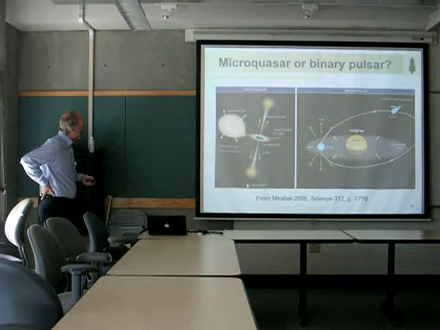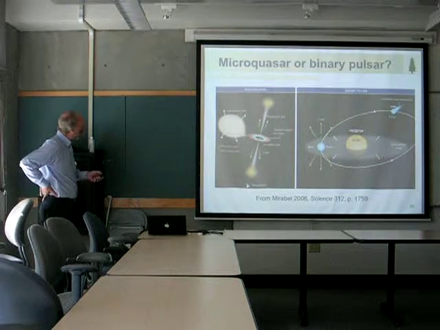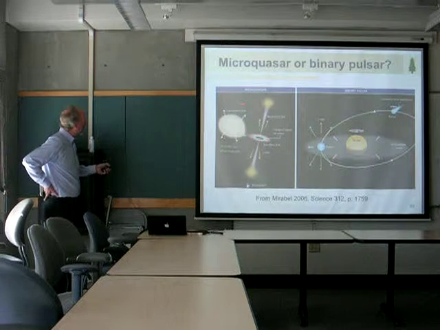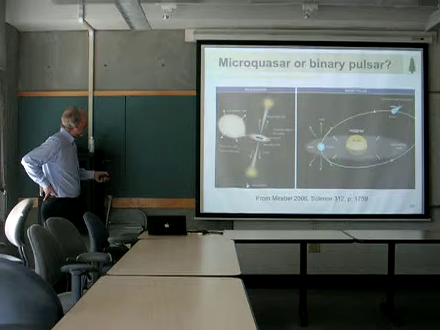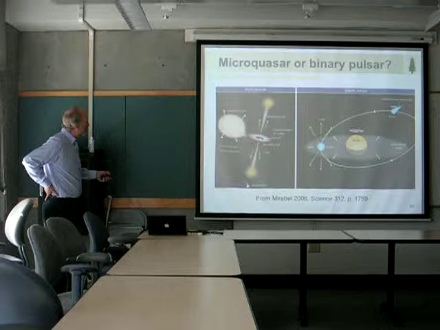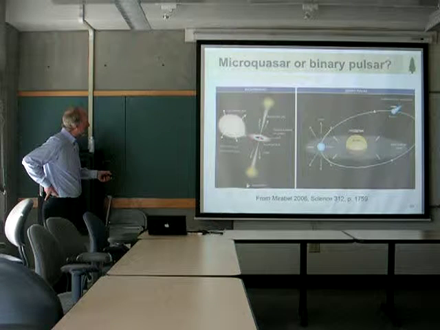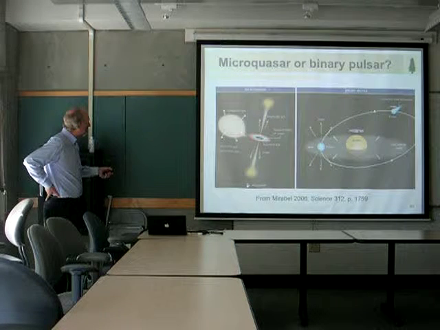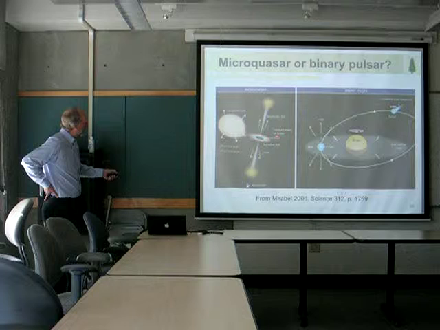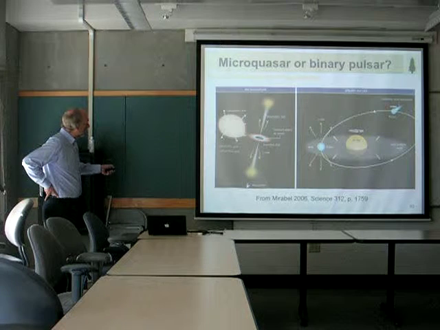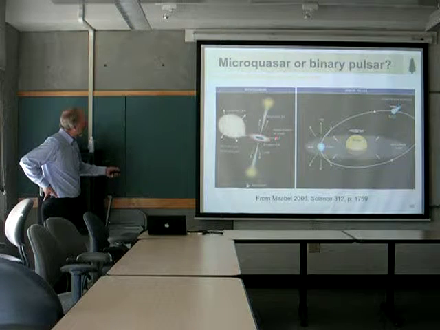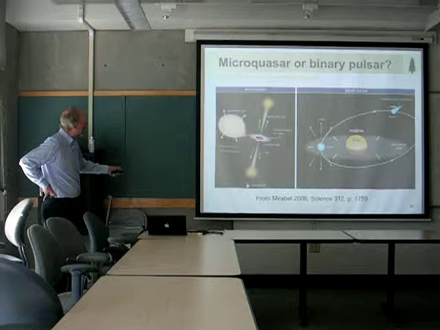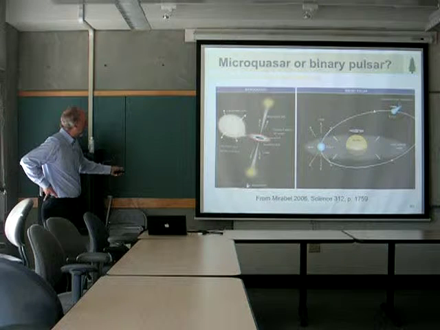In this particular system, there are a couple of different hypotheses for how it could work. One is that it's the so-called microquasar, where there's a compact object here, either a black hole or a neutron star, that has material from the companion star feeding an accretion disk, and so the material is being pulled off this companion, going into an accretion disk that's spiraling into the star.